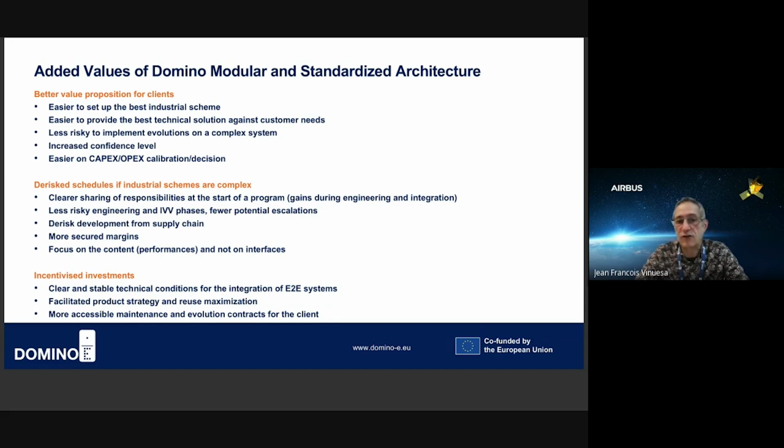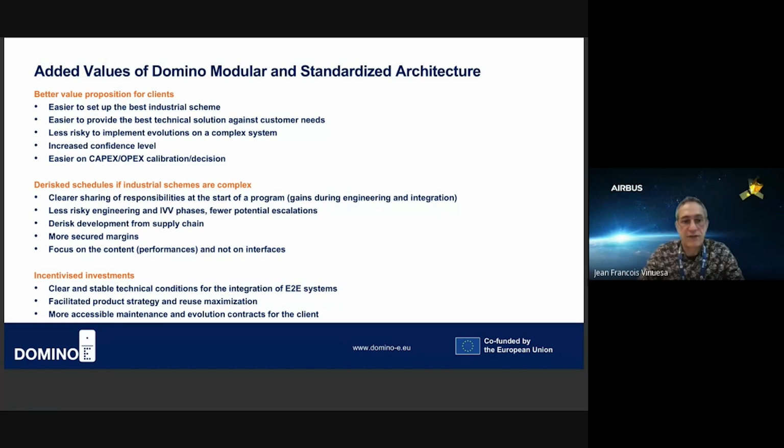And what is nice when you have these standardized interfaces is that you can focus on your job, which is basically to have better performance and good performance for your system. You don't have to deal with interface standards and how systems are going to communicate. This is not the job of an integrator like Airbus.